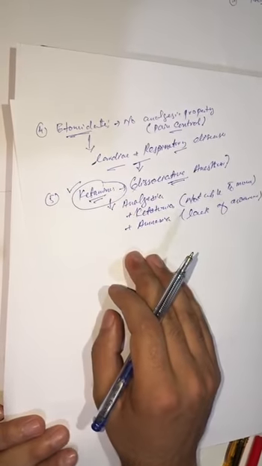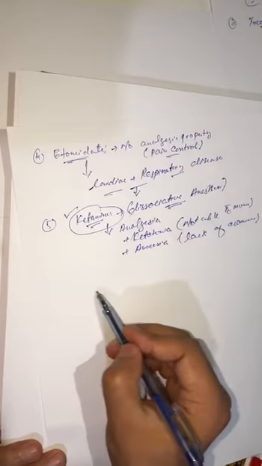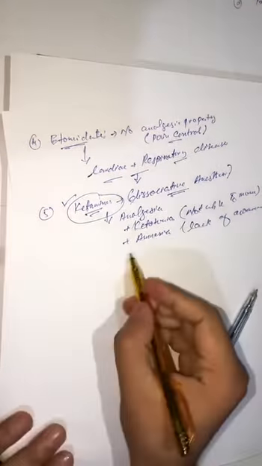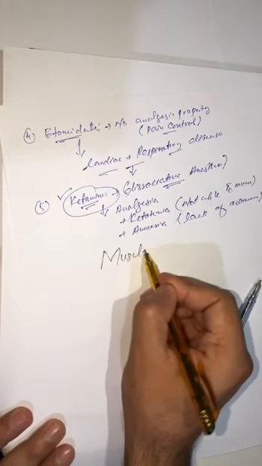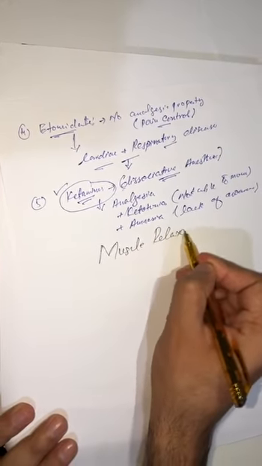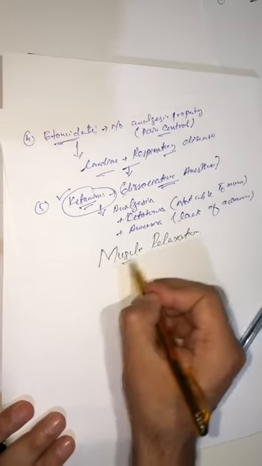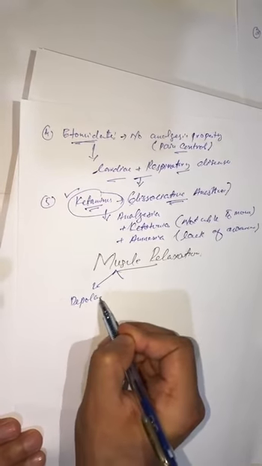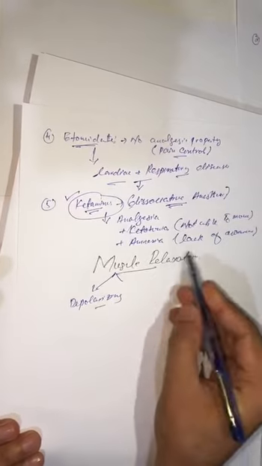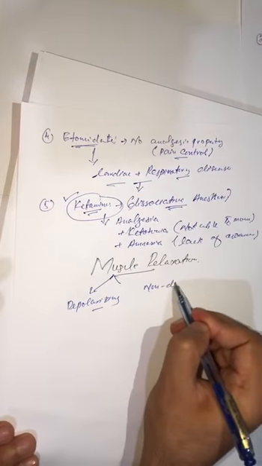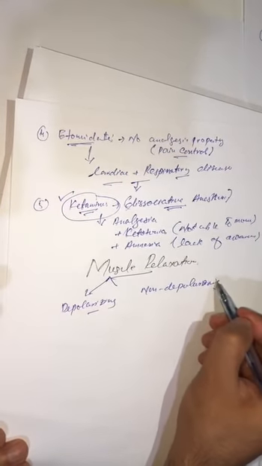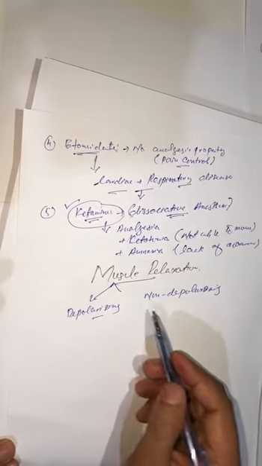The second drug class in general anesthesia is muscle relaxants. Always remember that there are two types of muscle relaxants used. The first one is depolarizing relaxants, and the second one is non-depolarizing relaxants.